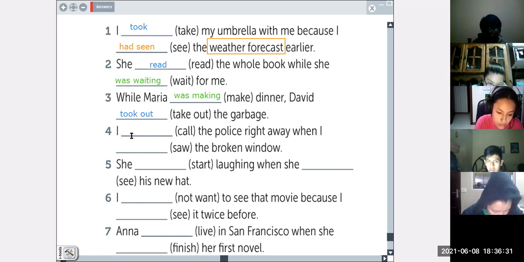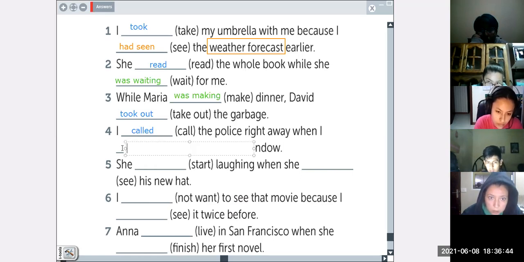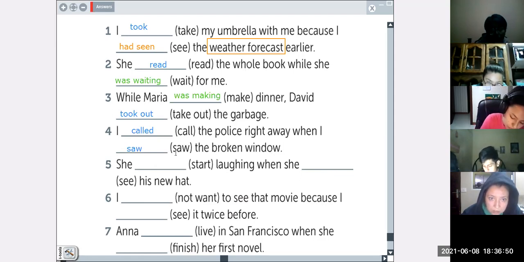I called the police right away when I had saw. Okay. Aquí, como pueden ver, ya tienen la respuesta. I saw the broken window. Porque aquí debería ser I saw, ¿cierto? El verbo debería ser see.